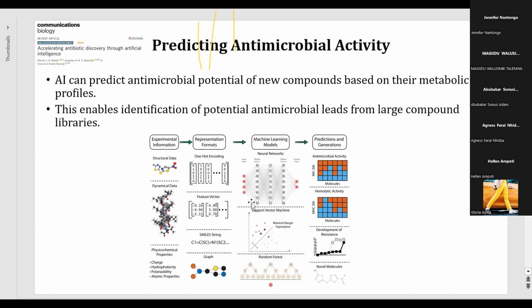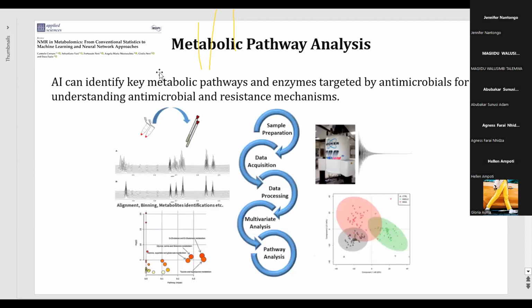And then you can also predict whether the compound is antimicrobial or not, or how much antimicrobial, or whether it is showing any synergistic or antagonistic activity. So those predictions can be done using AI.